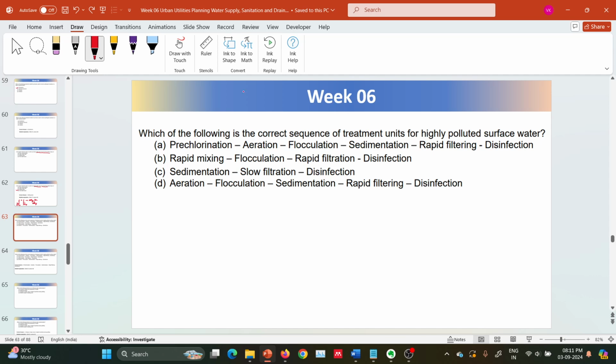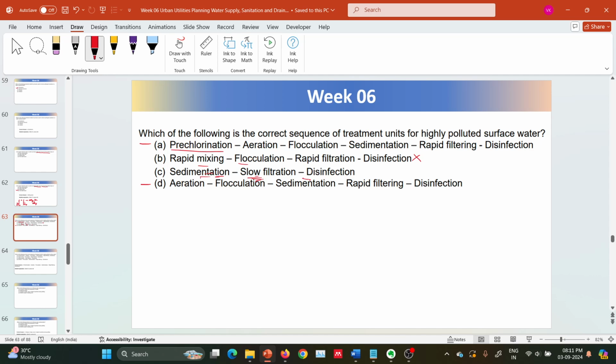If you see A and D, only pre-chlorination is extra here. And this is the sub part: sedimentation, slow filtration, disinfection, rapid mixing, flocculation. But sedimentation is missing here, so that's why it is wrong.